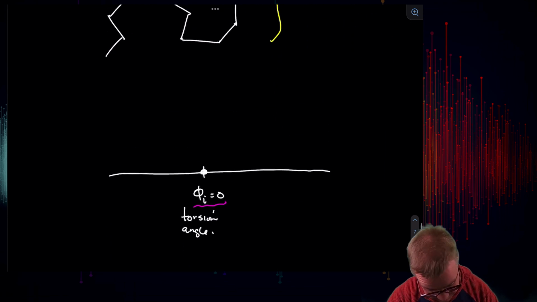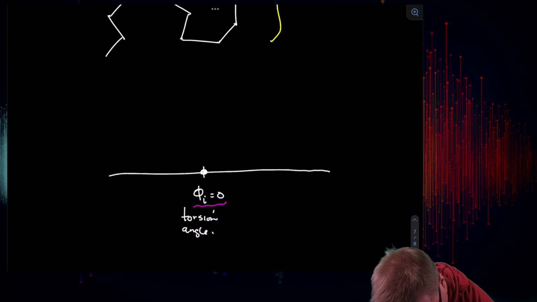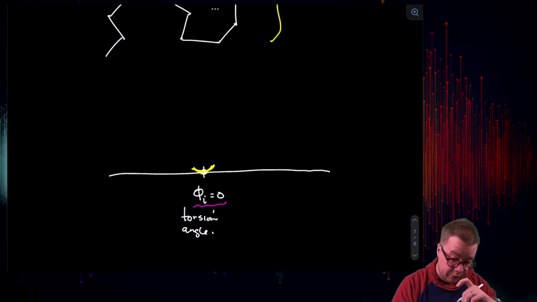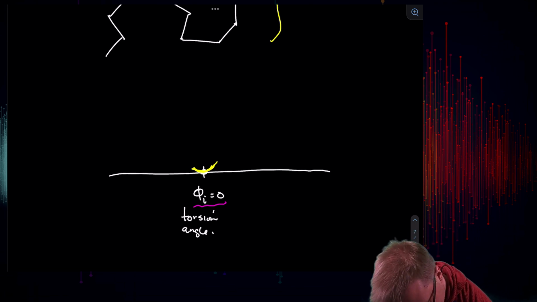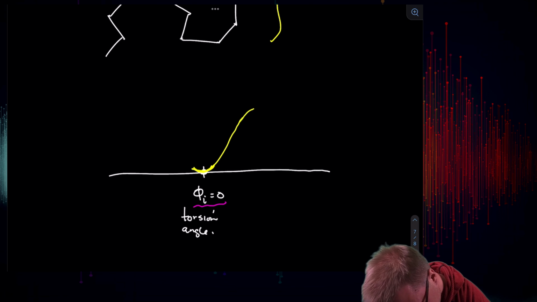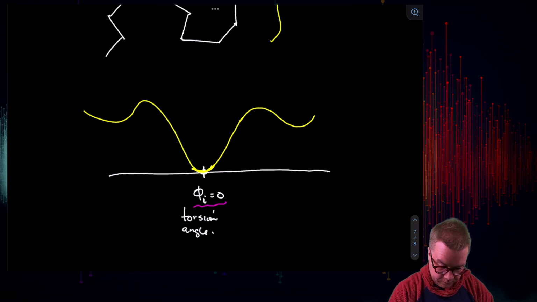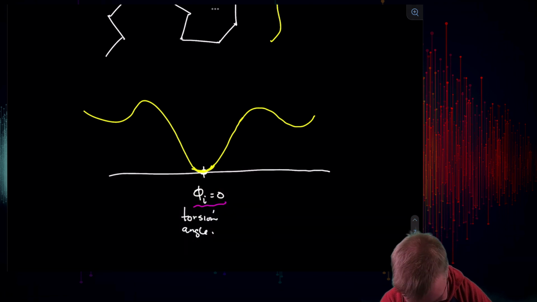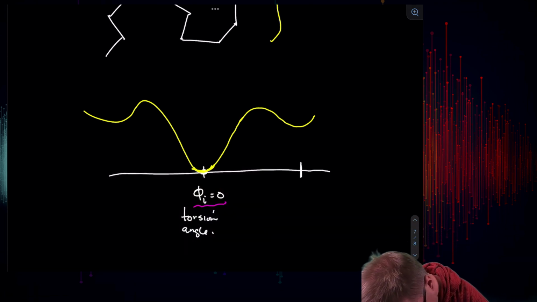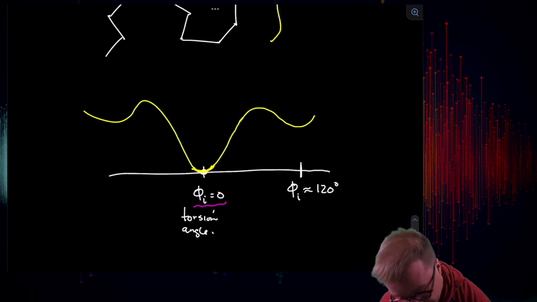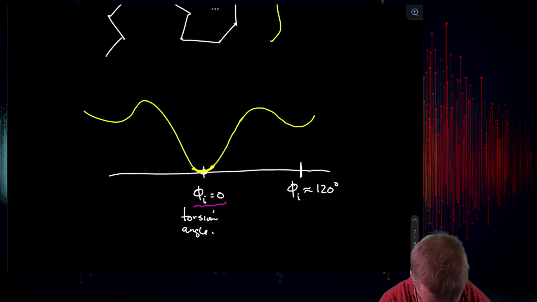So in terms of this energy graph that I'm making here, this trans conformation will have the lowest energy associated with it, and the energy will increase symmetrically on both sides. So that out here, you get about 120 degrees.